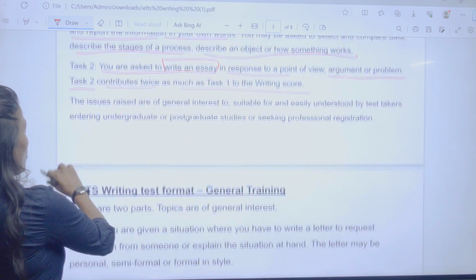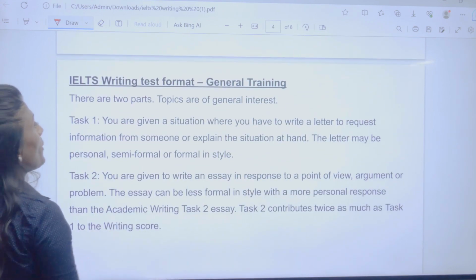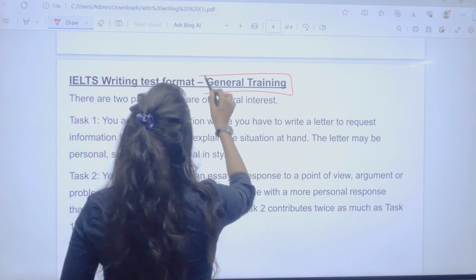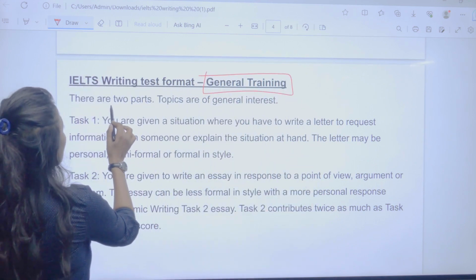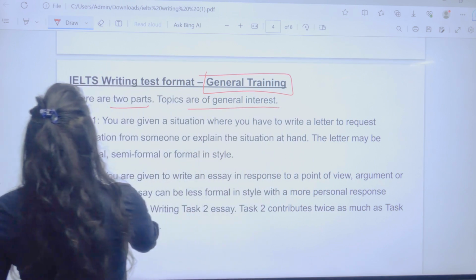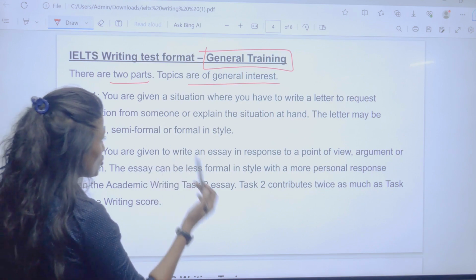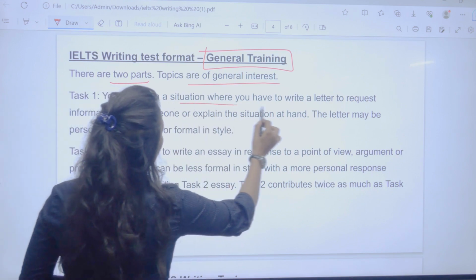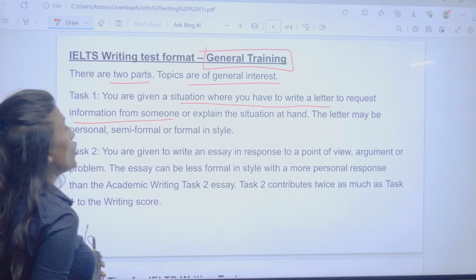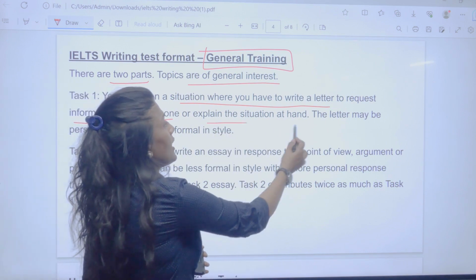Okay, now in the IELTS writing test format for general training, you will find that in general training also you have 2 parts. Topics are of general interest. So in task 1, you are given a situation where you have to write a letter to request information from someone or explain the situation at hand.